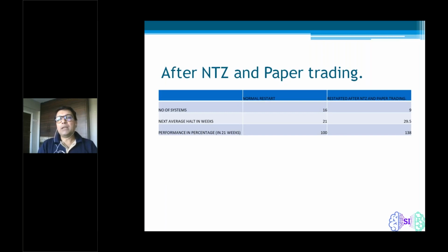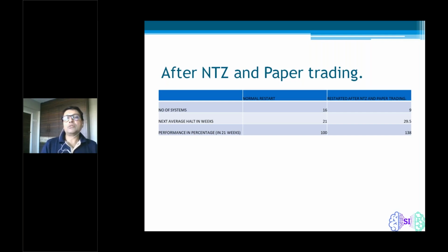From 16, the number of systems that got filtered out were 9. So you can say that 7 of our systems were not good enough. We realized during mock trading that 7 of our systems are not good enough for going live again. Here we are talking about systems that, number one, have performed well in the past, and number two, failed because of the change in the market scenario.